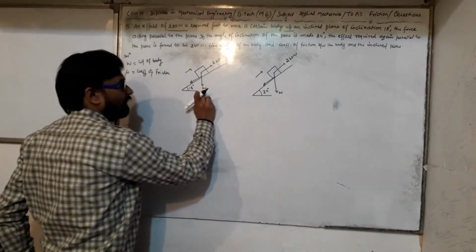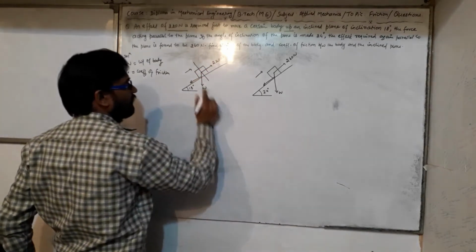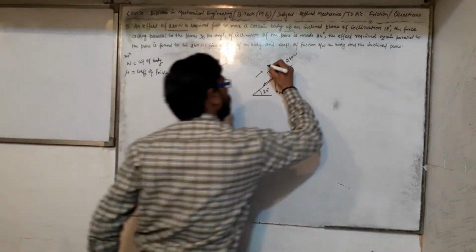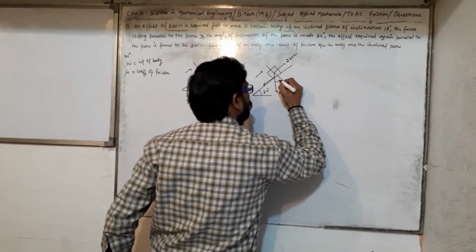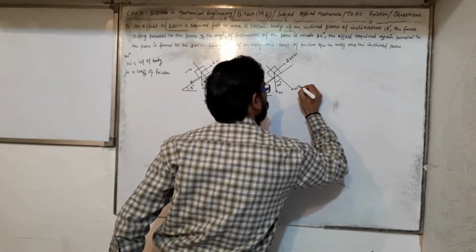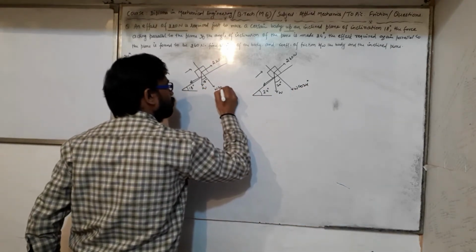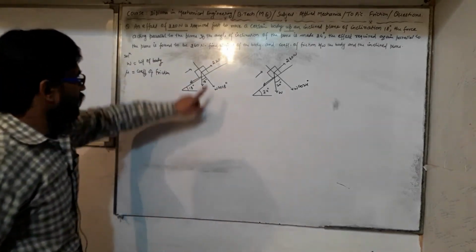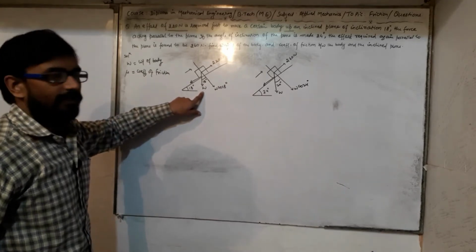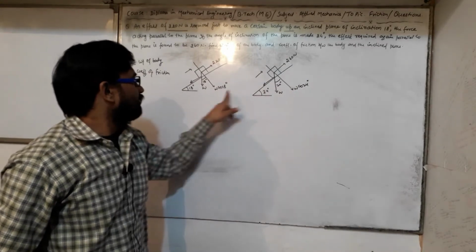Because its effect on the plane, normal to it, in downward direction depends on the angle theta. Here it is angle 18 degree, here it is angle 24 degree. So its component would be W cos 24 degree here and W cos 18 degree there. So normal reaction depends on this force, not W only. This force is changed from here to here, both are different values.